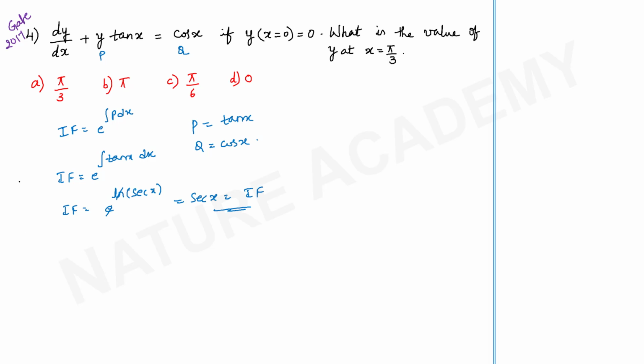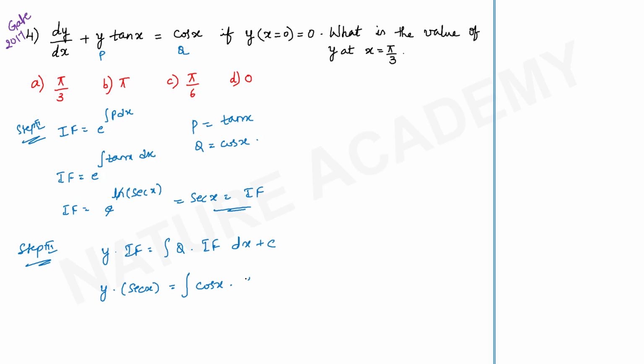The general solution, this was my step 2 and this will be my step 3, finding the general solution. So the general solution is y into integrating factor is equal to integral q into integrating factor into dx plus c. Now my integrating factor is secant x. This will be equal to integral q is cos x and integrating factor is secant x into dx plus c.